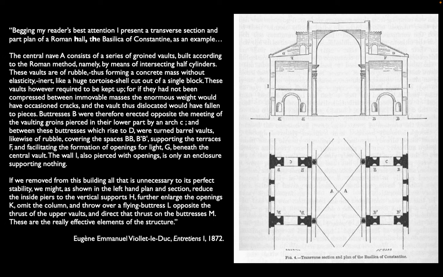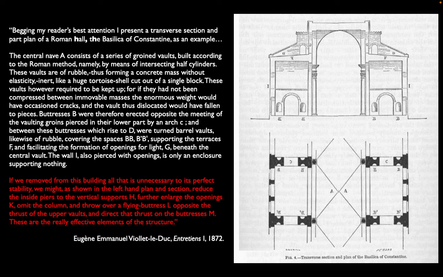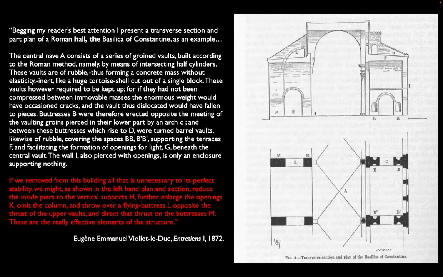And in this long analysis, which I will let you read on your own time, he points out that if you take the Basilica of Maxentius and basically do a sort of topological exercise to it, what you find is that, as he puts it, if you take out everything that's unnecessary, right, if you reduce the basilica structure to its bare structural minimums, you transform it in a way that pushes and pulls and opens things up, and leaves you with something that looks a little bit like a proto-Gothic structure.